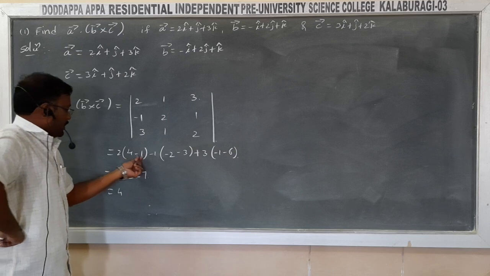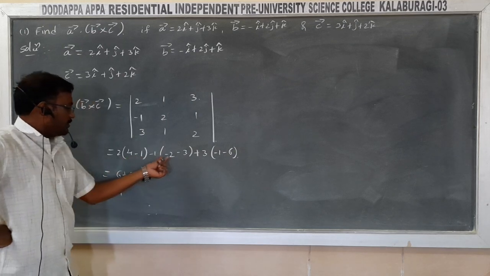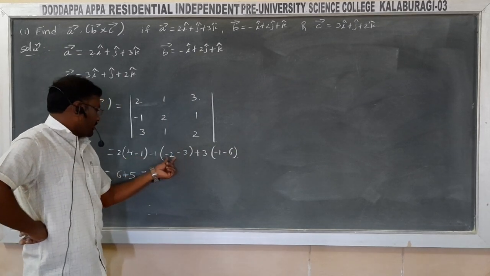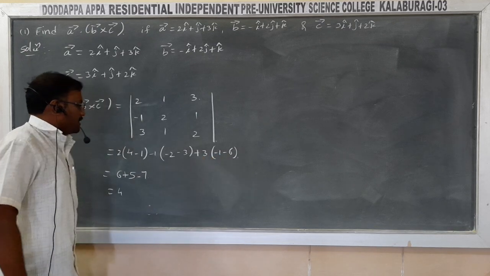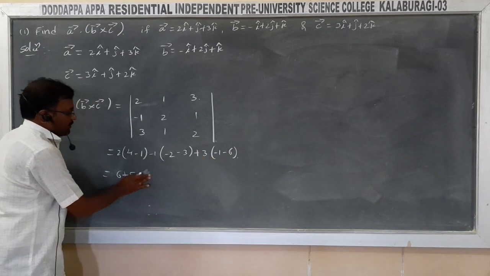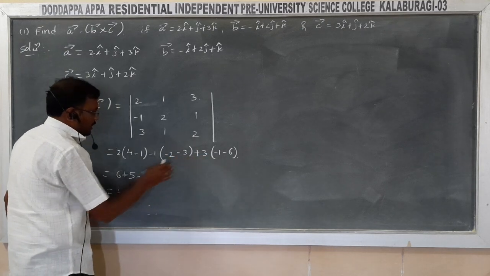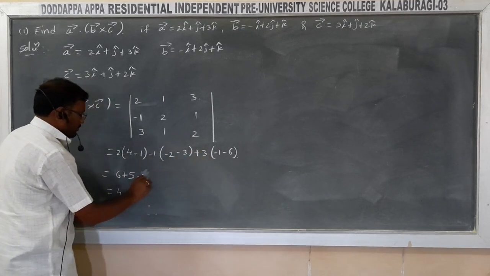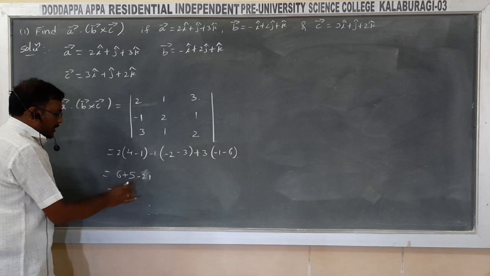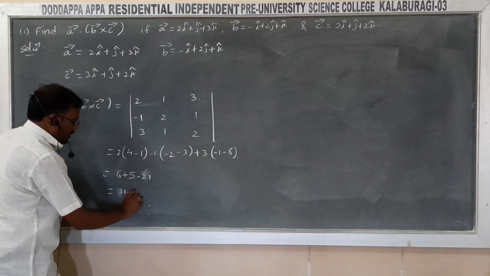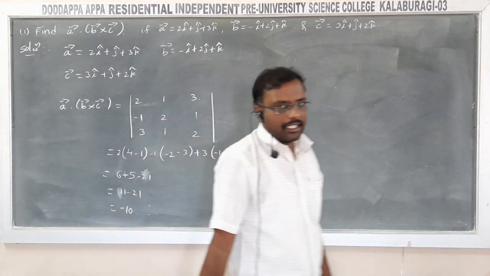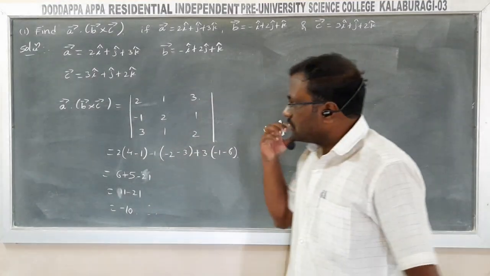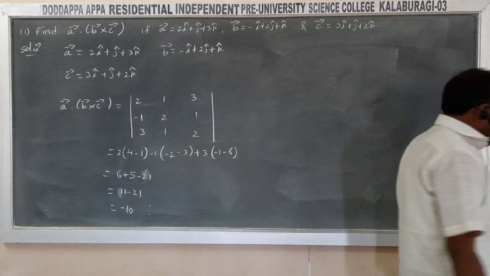So 4 minus 1 is 3, 3 into 2 is 6, minus 5, minus 7 here. What is the answer? Plus into minus, minus 7 into 3 is 21. 6 plus 5 is 11, minus 21. We get, what is the answer? Minus 10. Okay.